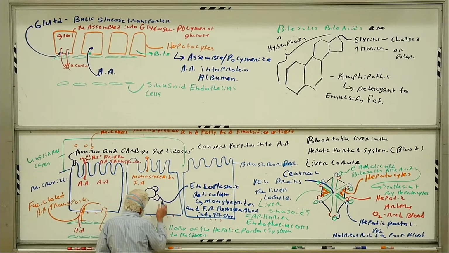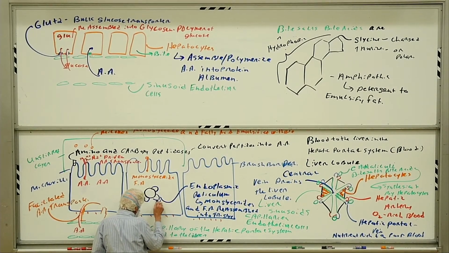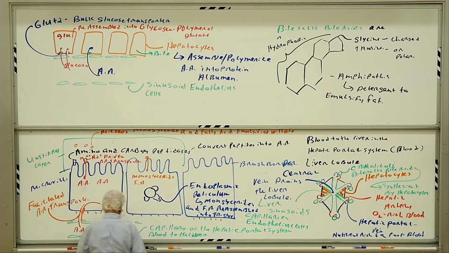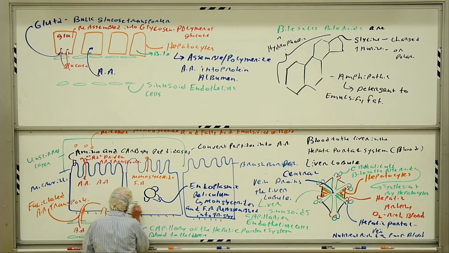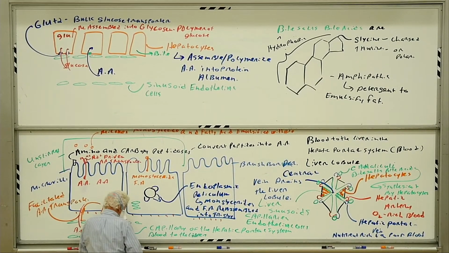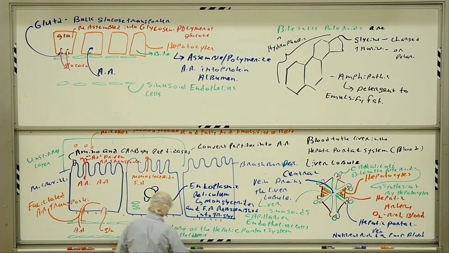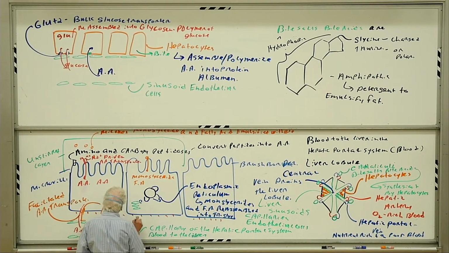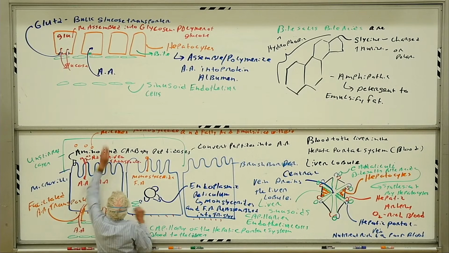So what we do is we break off vesicles here, and the vesicle now joins the Golgi apparatus and deposits the triglycerides. And then go back up above.